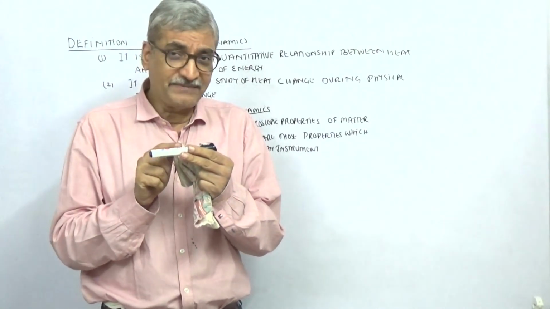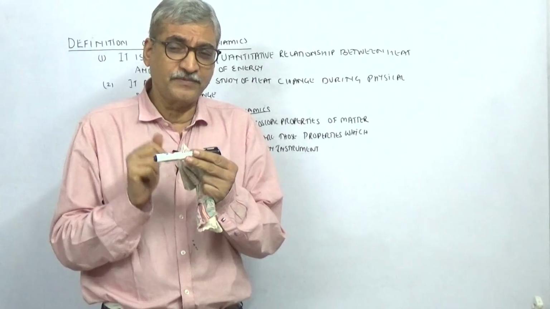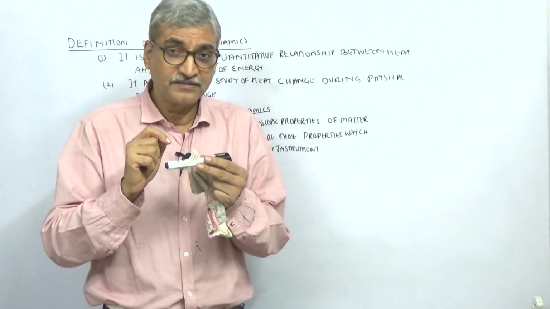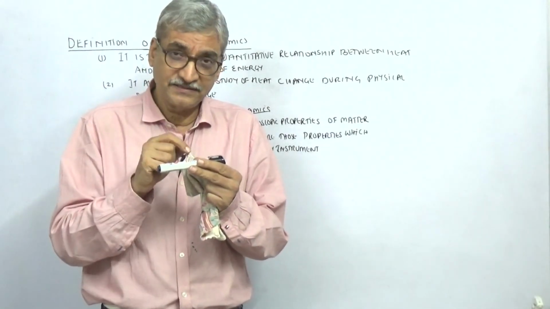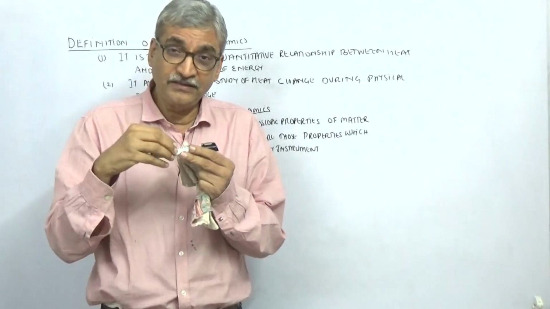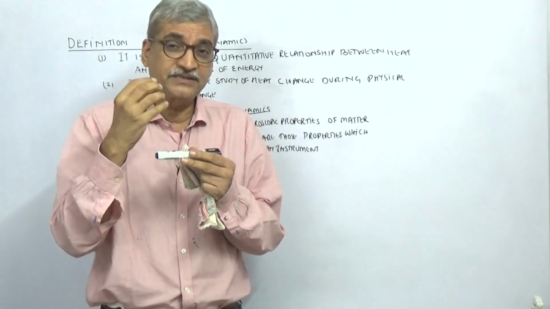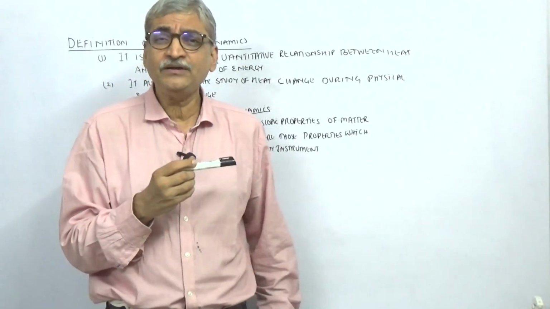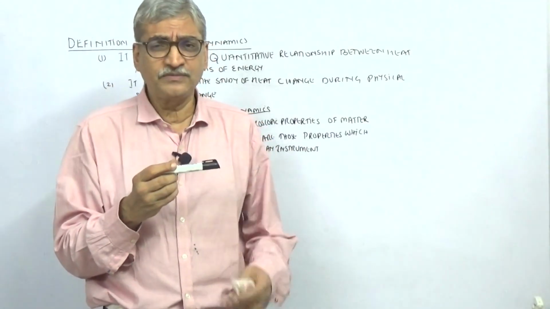So temperature is a macroscopic property. And what is a microscopic property? Those properties which we cannot measure. So that is kinetic energy. Molecules here are vibrating like this, and that's creating some energy. Those energies you cannot measure. Those are microscopic properties. There is no instrument to measure that.